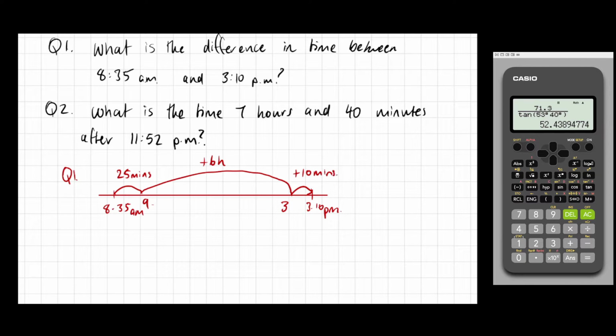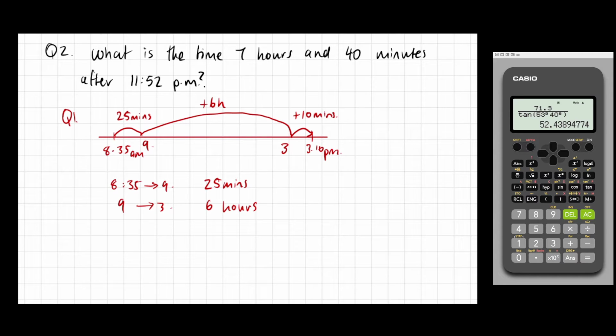So the amount of time that has elapsed is: from 8:35 to 9, which is 25 minutes; from 9 till 3, which is 6 hours; and finally from 3 till 3:10, which is 10 minutes.